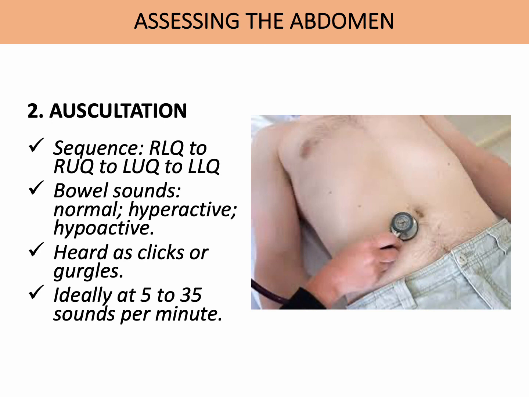Paano ang sequence when we hear bowel sounds? So making use of a stethoscope, sequence best is right lower quadrant, then right upper quadrant, then left upper quadrant, then last is left lower quadrant.